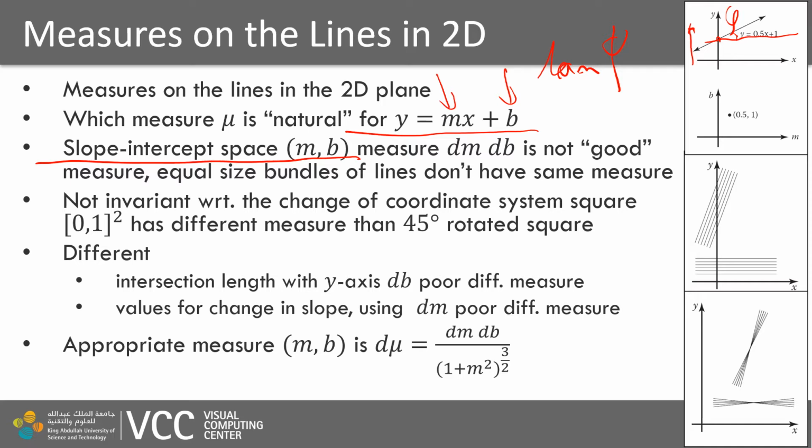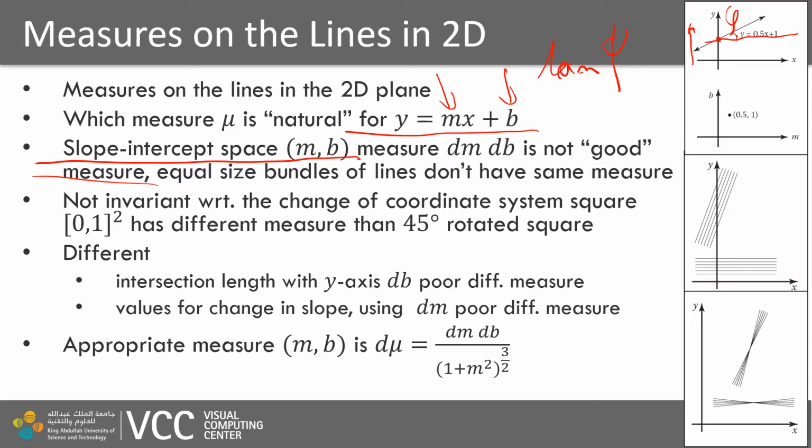It goes from 0 to infinity for defining the various angles for phi. So the slope-intercept space will not be a good measure, for various reasons.